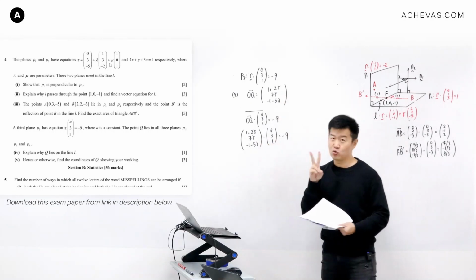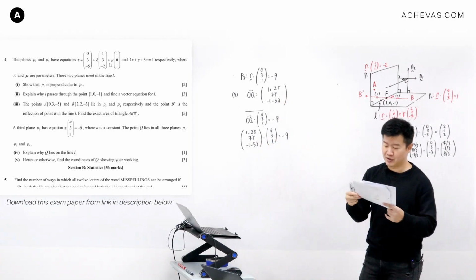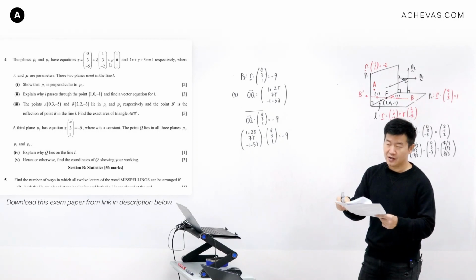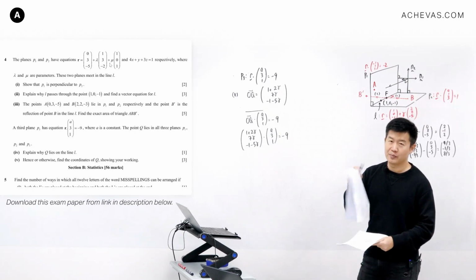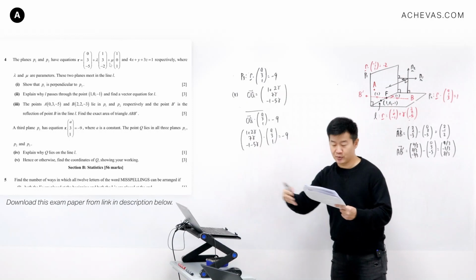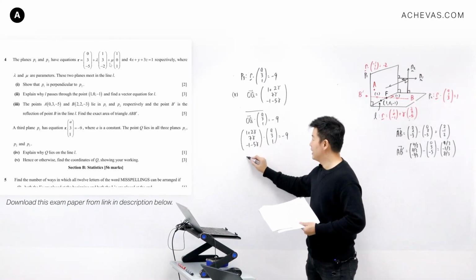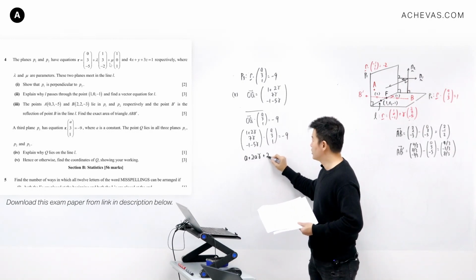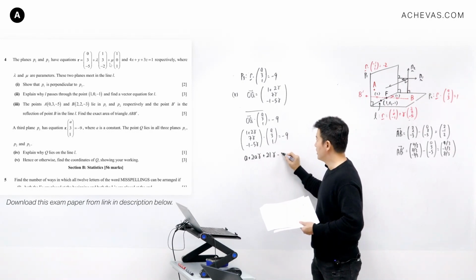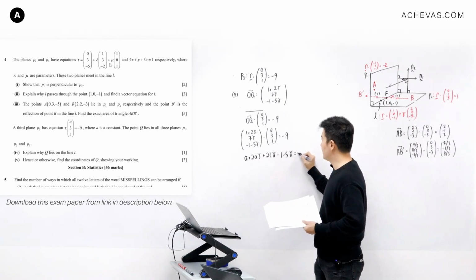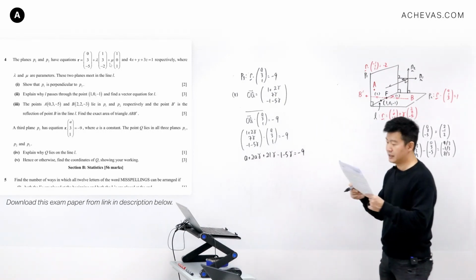But here we have two unknowns. So let's see whether it is possible for us to resolve this. Our aim is to try to make gamma the subject, because we are supposed to find the value for gamma. So this will be a plus 2a gamma plus 21 gamma minus 1 minus 5 gamma. This is minus 9.